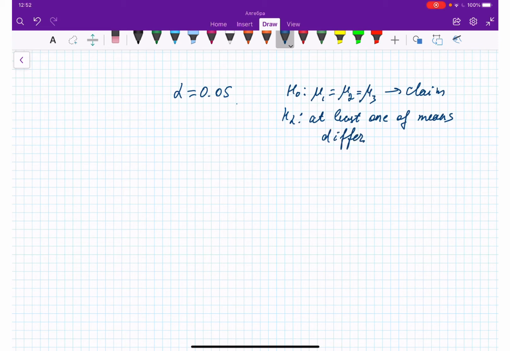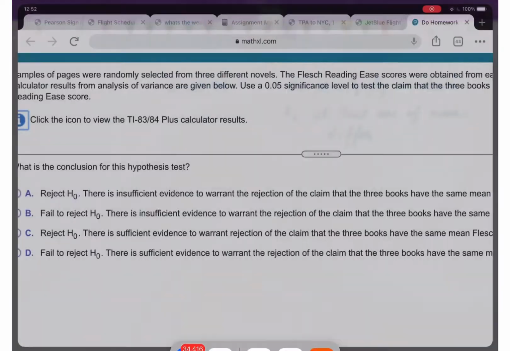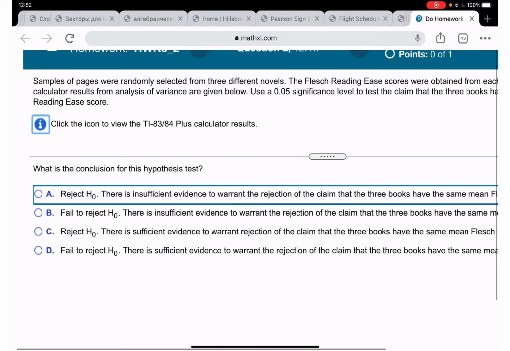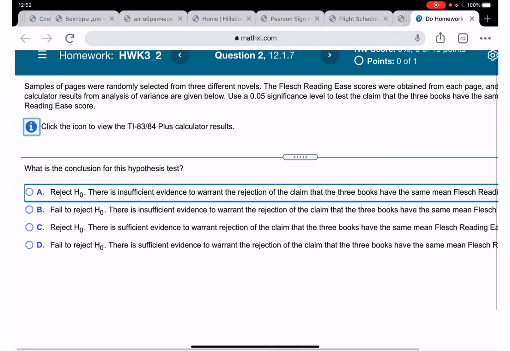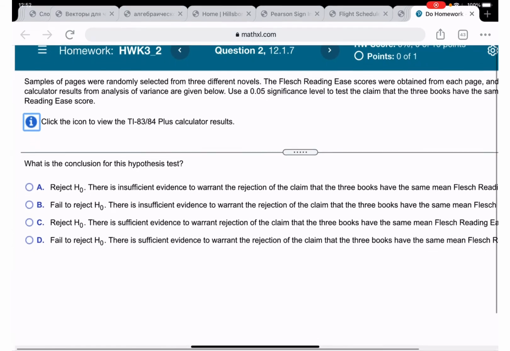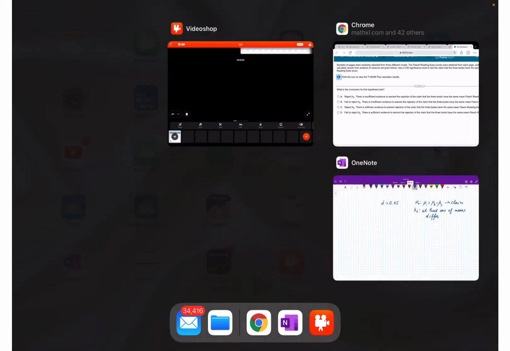So our question is, we need to test this claim that the 3 books have the same reading score. All right, so how are we going to test it?